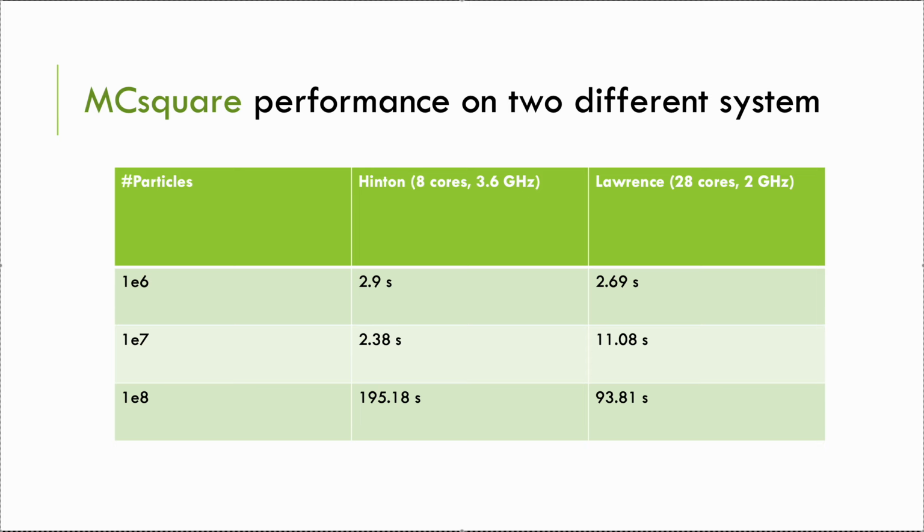So what I did was I first ran MCsquare, which is quite similar to Fred in terms of the physics behind it, except how they sample multiple Coulomb scattering. The distribution they take is different.